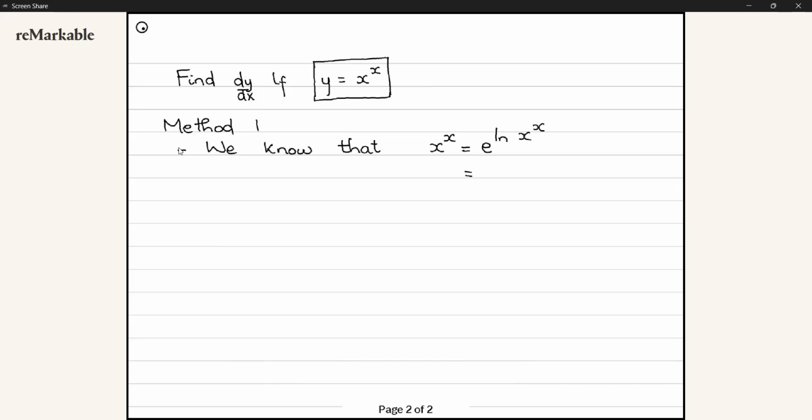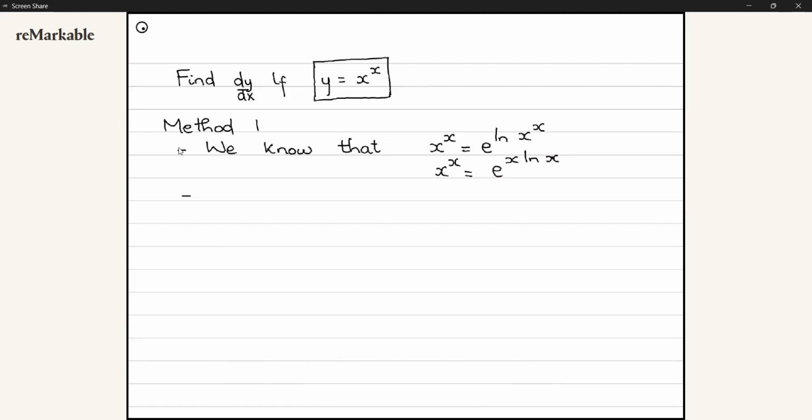And of course, that gives me something like this. And that's how else I can write x to the power x. So x to the power x is the same as e to the power x natural log of x.